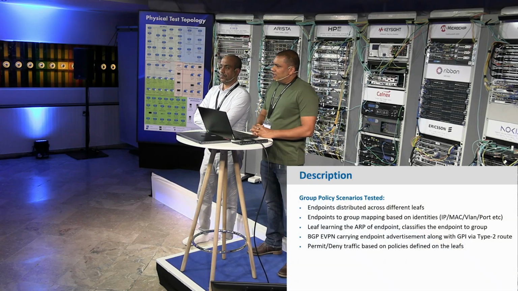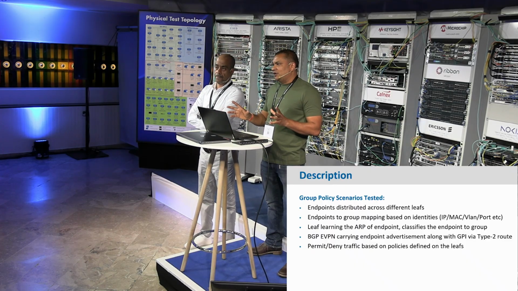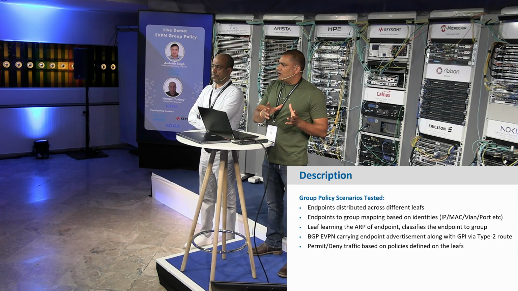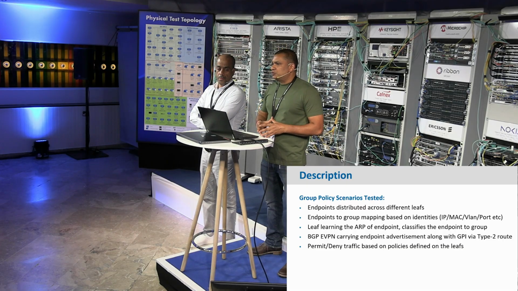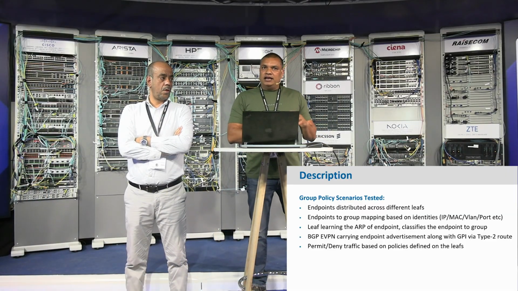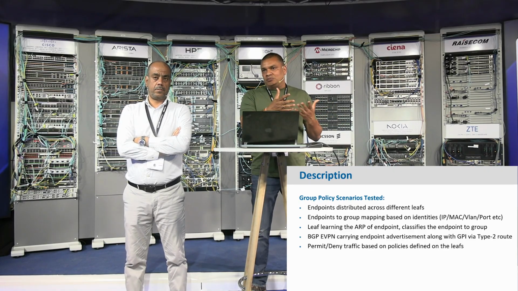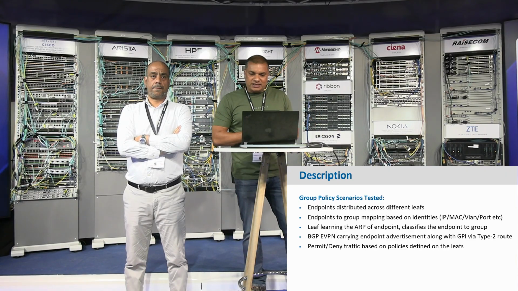The scenario we have tested at this event is that we have endpoints connected on different leaves in the VXLAN fabric, and we have done the classification mapping of the endpoints to their respective groups based on their IP information, MAC information, and what port and VLAN they are connected to. As soon as an endpoint comes online, it exchanges an ARP message with the VTEP, and that VTEP does the classification based on the configuration we have applied onto the devices.